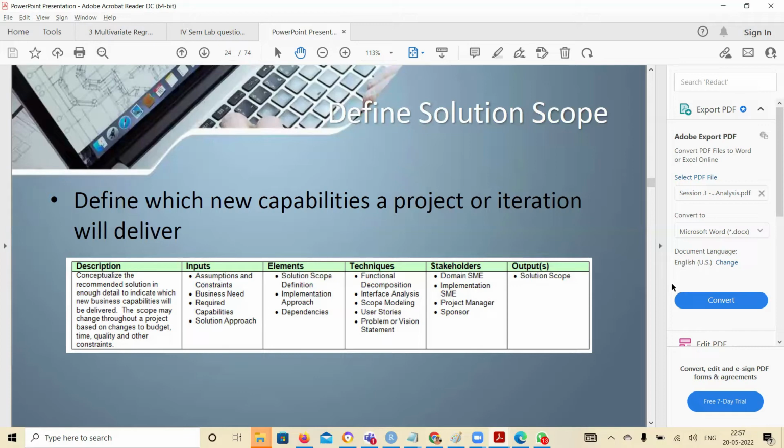Techniques, let me see which all things you don't know, you want me to repeat. Look at the techniques. Functional decomposition. Functional decomposition, we have done it. Inventory example. Sales, managing inventory, managing finance, right? So it's about breaking down into smaller pieces and then start working on it, right?